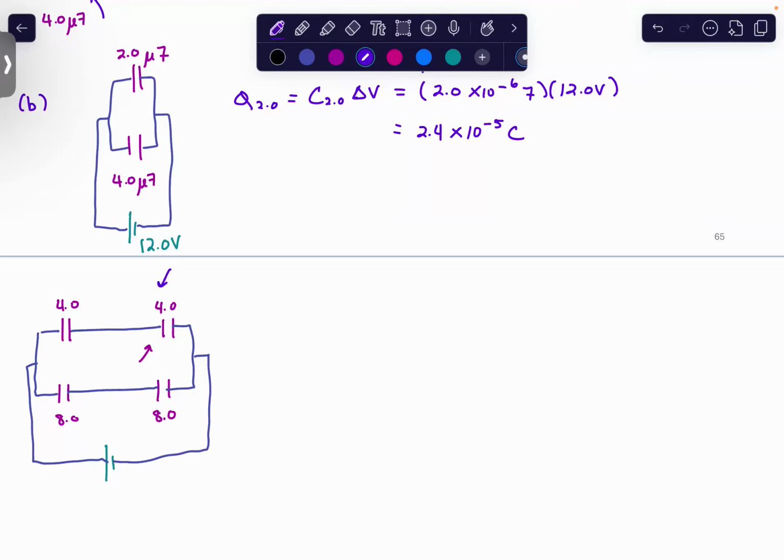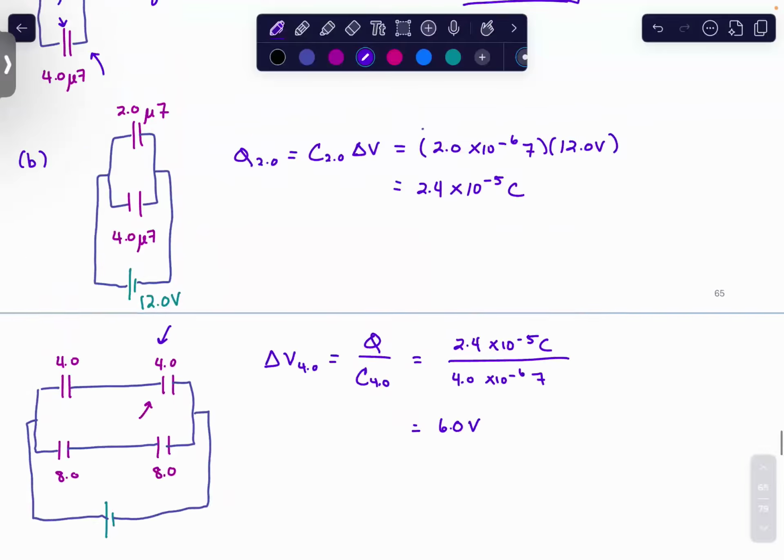So what we want is the delta V, that's going to be Q over C. And that Q is the one we just calculated. And for that, that is going to give me 6 volts.